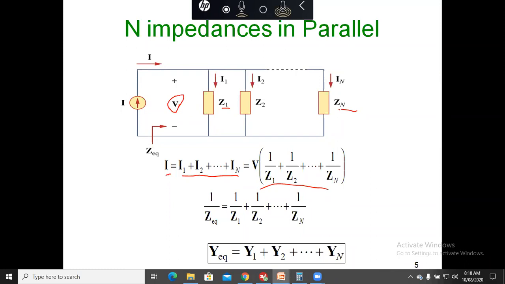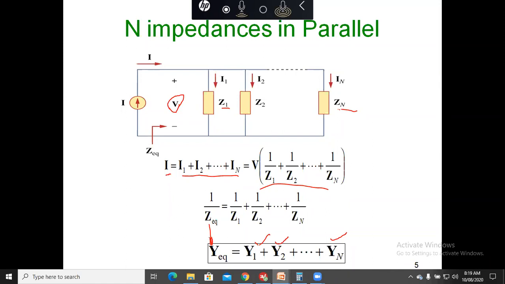Or you know that 1 over Z1 is the admittance of the network. So that is Y1 and Y2, that is Y1, Y2 and Yn. So this 1 over Z equivalent is the equivalent admittance. Admittance, we have discussed previously, is the reciprocal of the impedance.